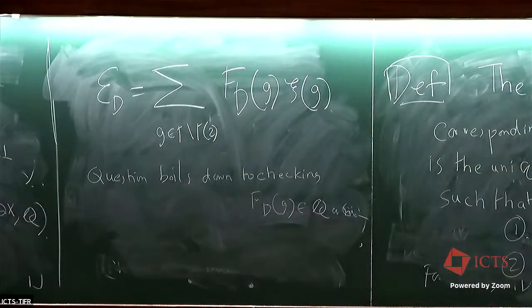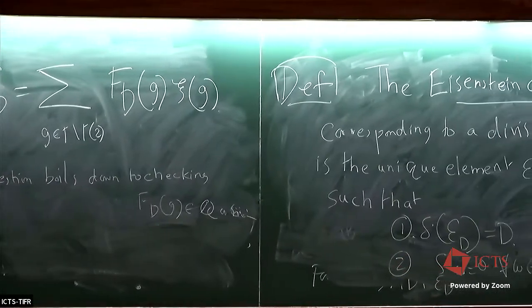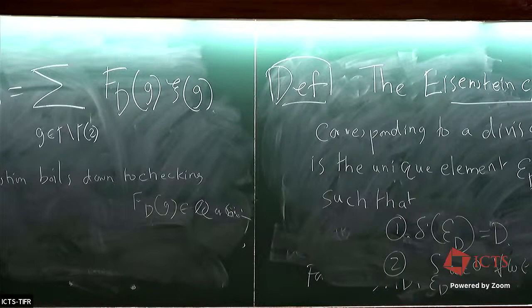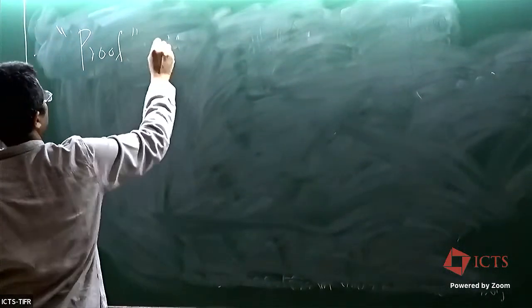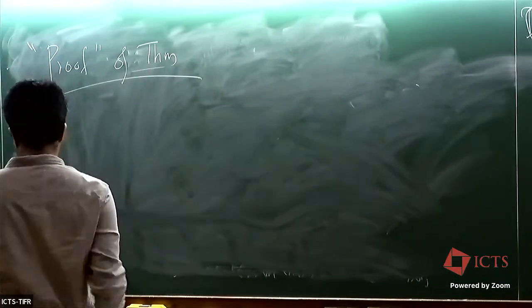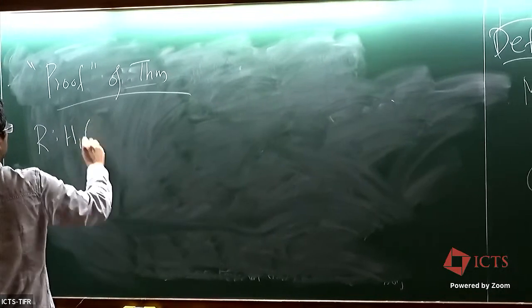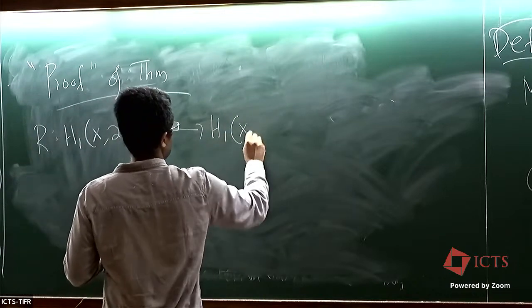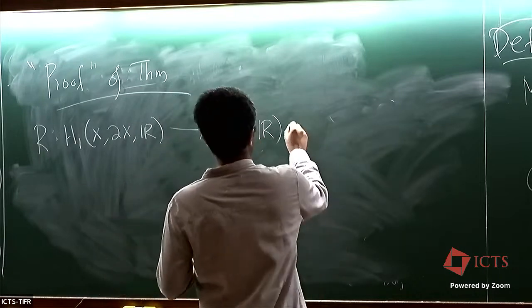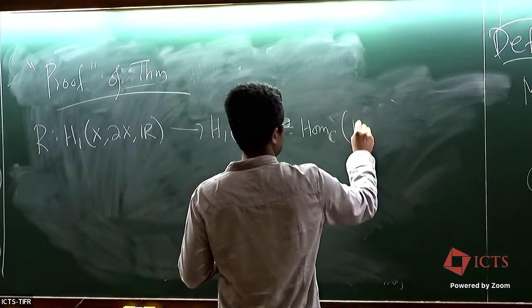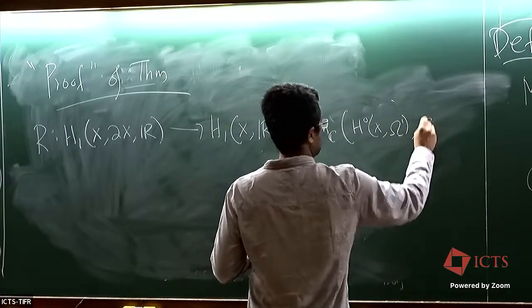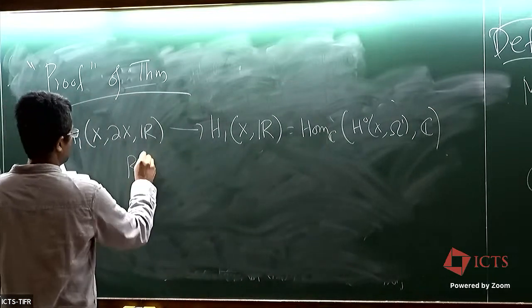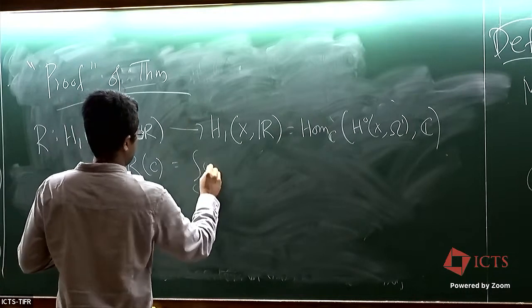Okay, so this is not a complete proof. Proof of the theorem: we have a retraction map R to H1 of X, R. You have this map R of C equals the integration over C of omega.